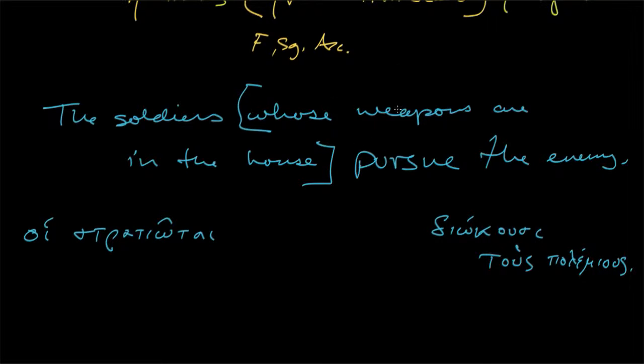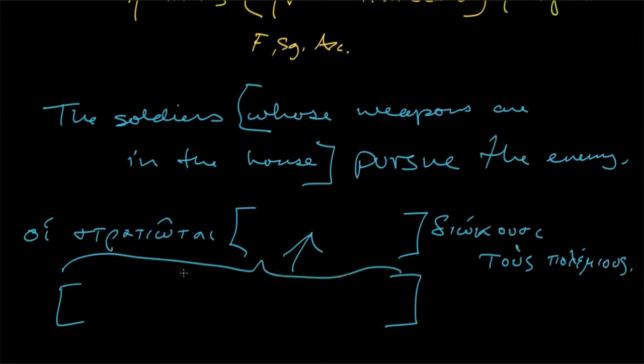Good. But we now need to say whose weapons are in the house. We need to put in a relative clause here. Well, this isn't going to be quite enough space, so let's magnify, as it were, and say, well, this whole thing fits in there. So whose weapons are in the house? Well, we're saying weapons are in the house. We can write that out. Hopla, and then this is a form that, what gender is that?